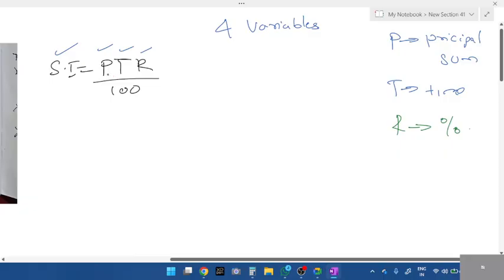Clear? If you want to find P, the principal, what happens to 100? It gets multiplied with simple interest.